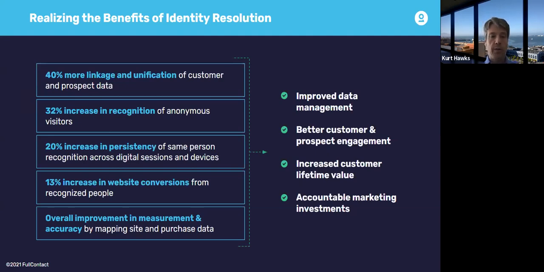All of this provides an improvement in measurement and accuracy, right? So back to that, I'm trying to implement identity resolution or website personalization or whatever, providing that portable, persistent omni-channel view provides a much better way to measure the effectiveness of marketing investments. Next slide.